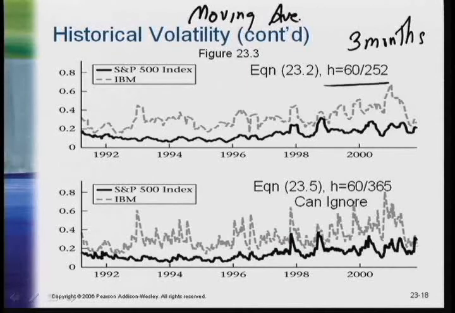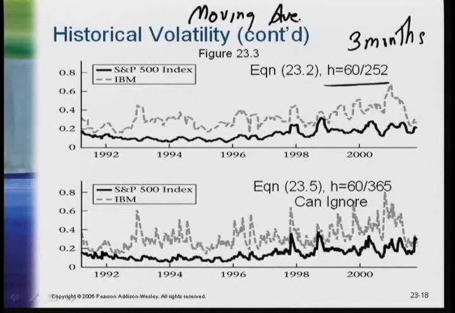The reason we get a somewhat continuous graph is that, as you're probably familiar, each day we calculate the volatility, the historical volatility, over the prior 60 trading days. So this is a 3-month moving average historical volatility. And even so, you can see it's quite variable.